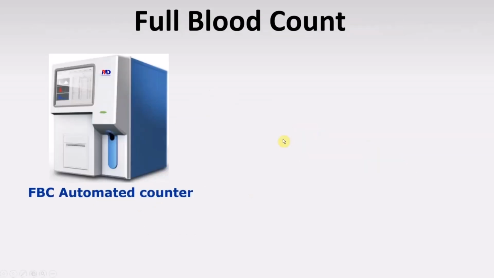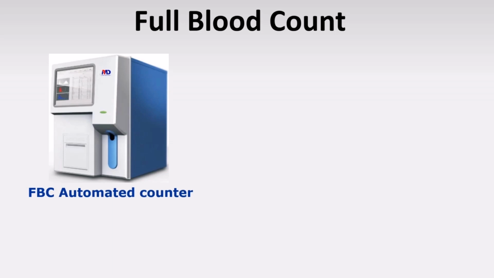Now, when it comes to the full blood count, with the advancement in technology today, full blood count is no longer done in a manual manner where you smear the blood onto a slide and start counting the type of blood cells that you see.